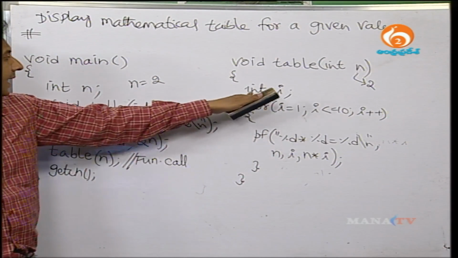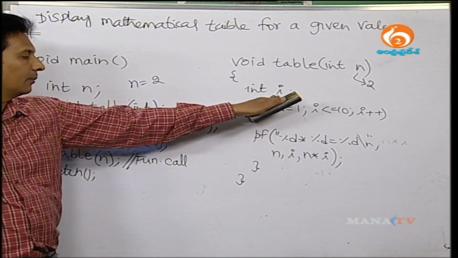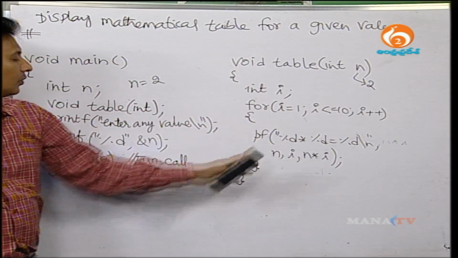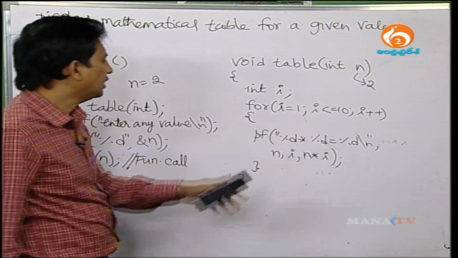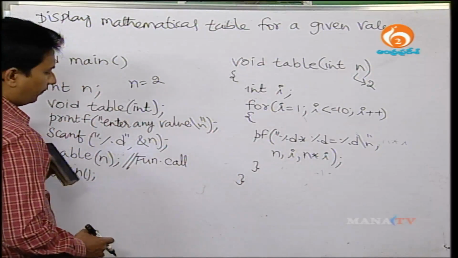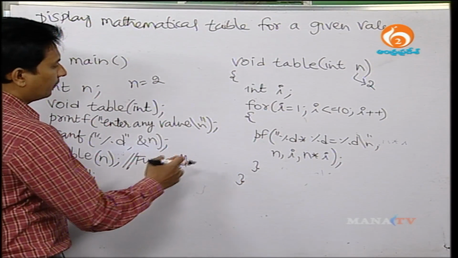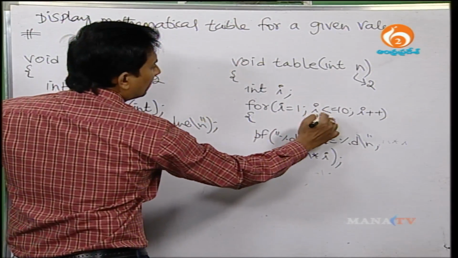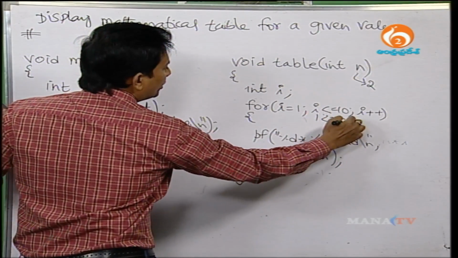Int I, one local variable I is created. First I equal to 1, 1 less than or equal to 10, which is true.